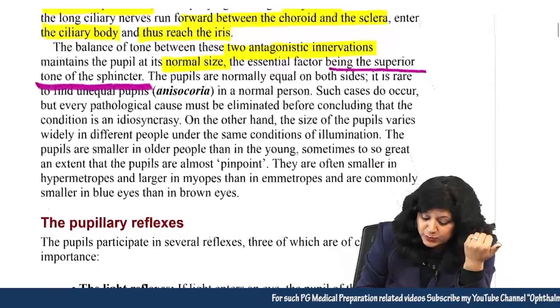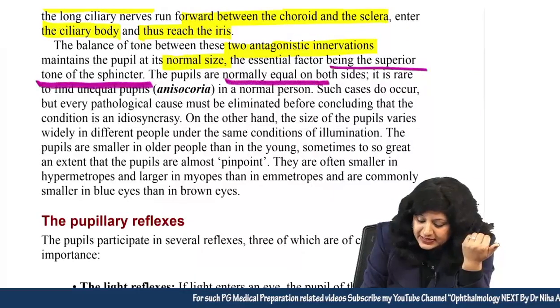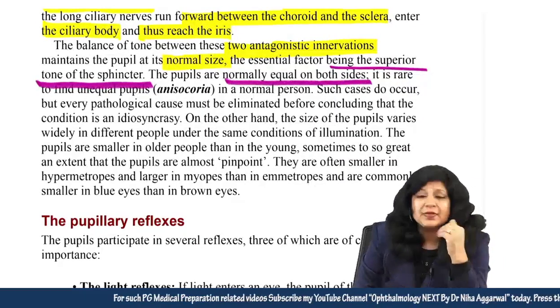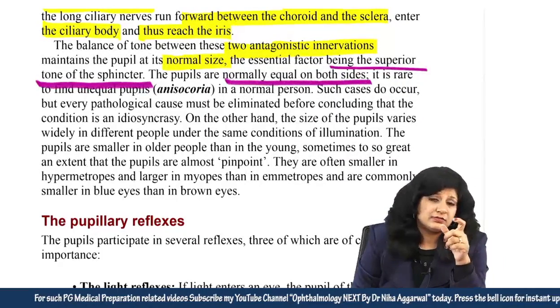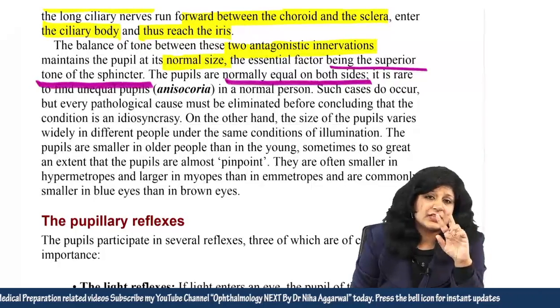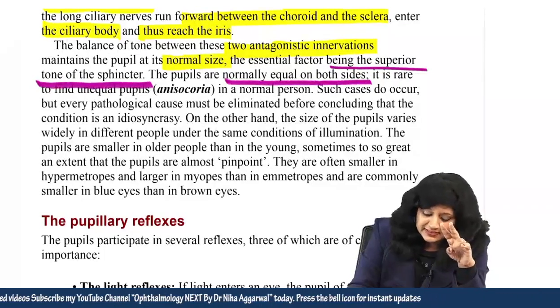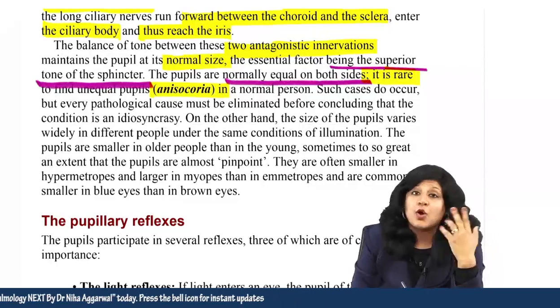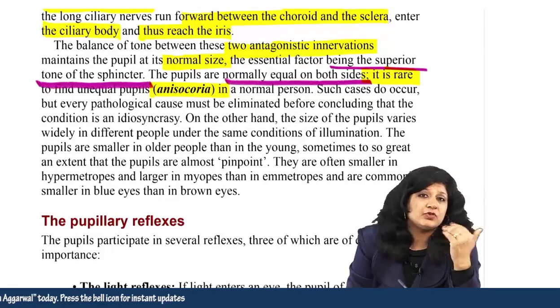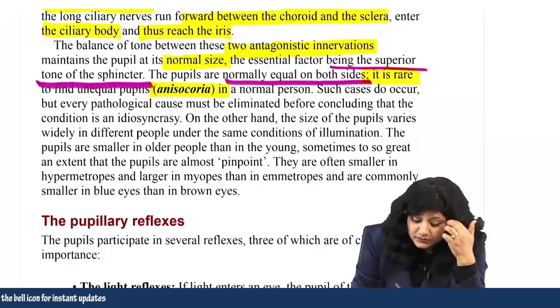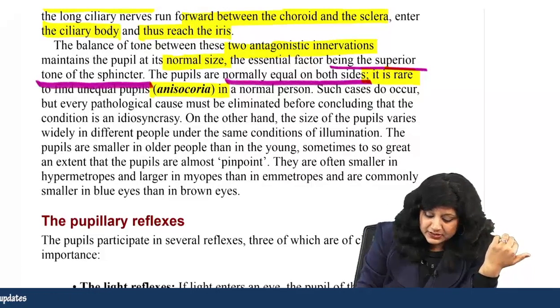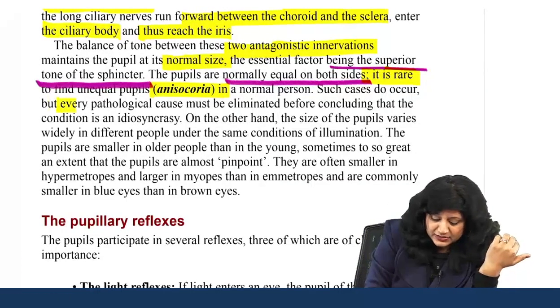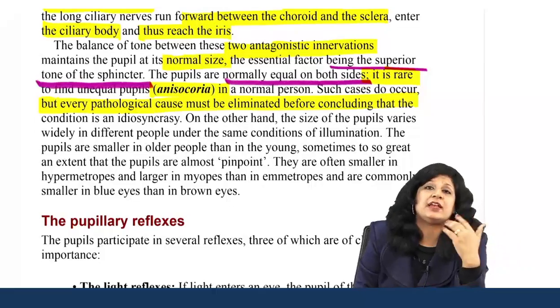The two pupils are normally equal on both sides. There is a term for when the size of the pupil is different on the two sides, and that term is anisocoria. It is very rare to find anisocoria in a normal person, and every time you find it, you should try to eliminate some pathological cause.